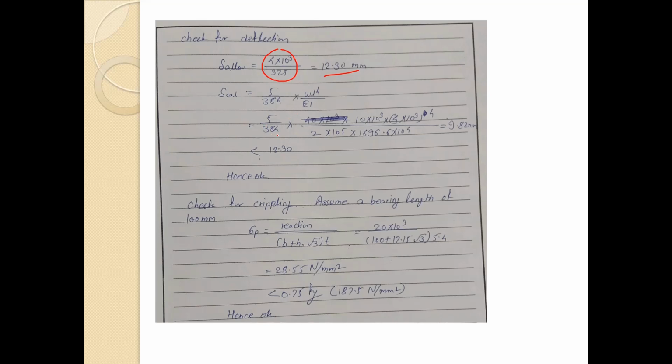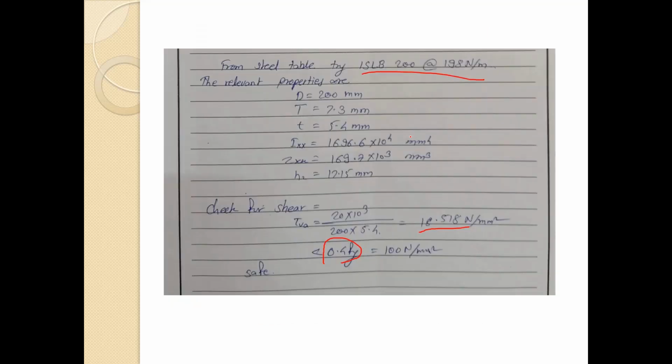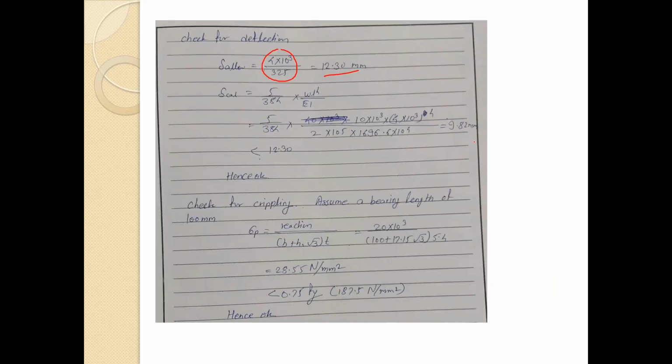So 5 divided by 384 into W is 10 into 10 raised to 3 into (4 into 10 raised to 3) raised to 4 divided by E is 2 into 10 raised to 3 into 1696.6 into 10 raised to 4, that is I, which we have here. So that becomes 9.82, which is again less than this 12.3, hence it is okay.